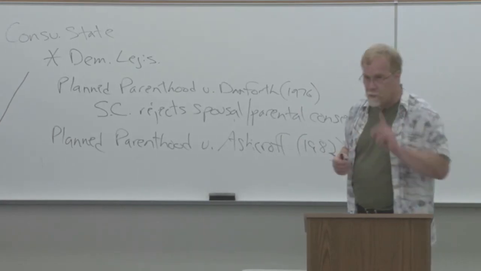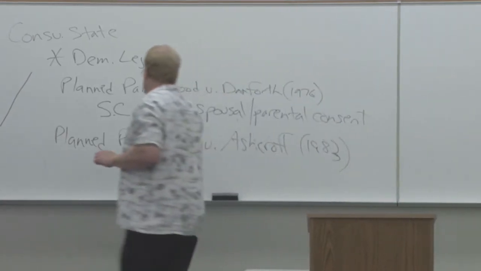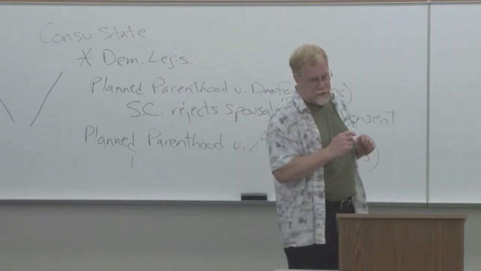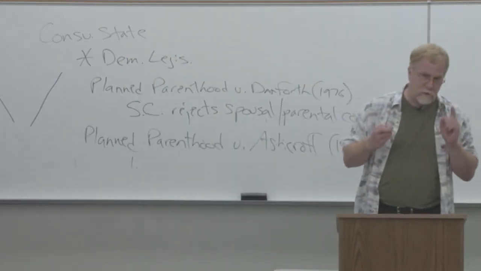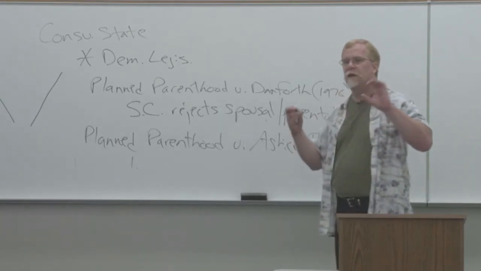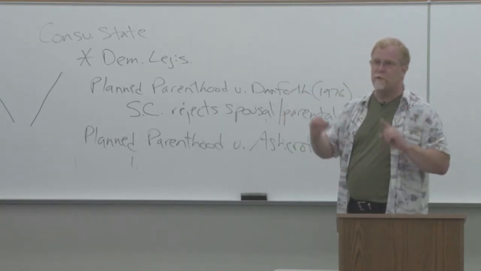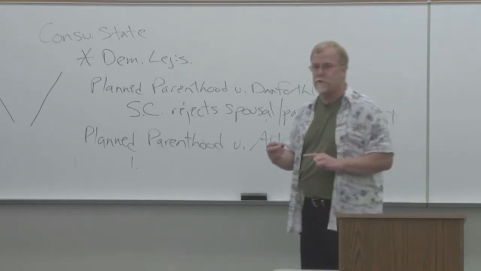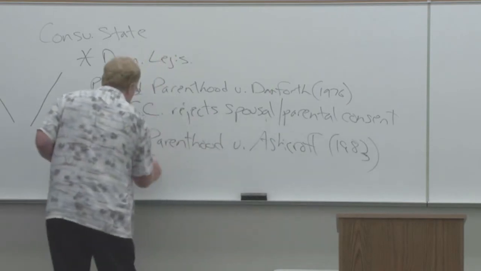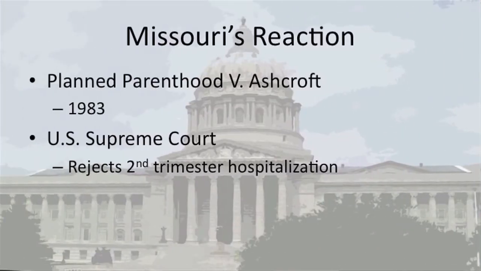This is a two-parter. Number one, once again, the Supreme Court rejects second trimester hospitalization. If there is an abortion in the second trimester, the statute passed by the legislature said it had to take place in a hospital. The Supreme Court rejects second trimester hospitalization.